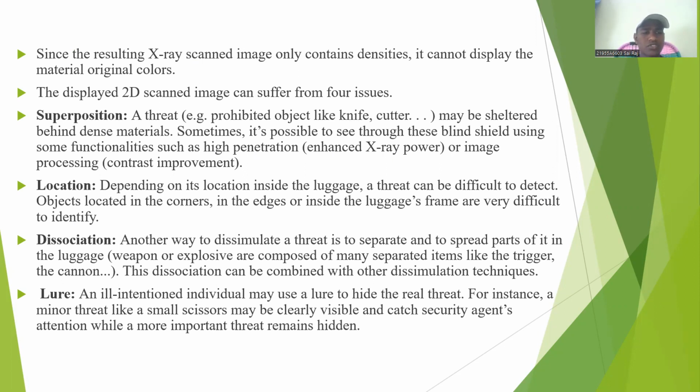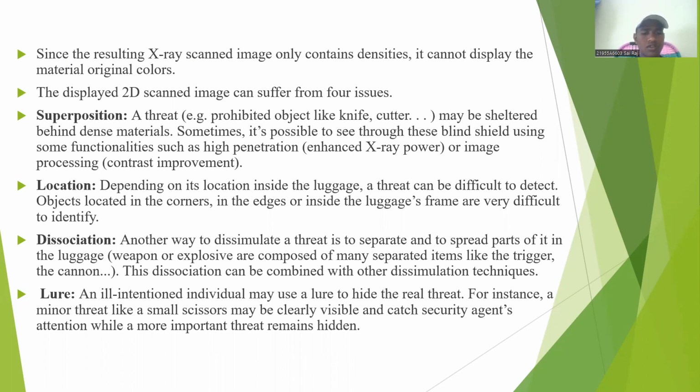That is the superposition. Location means if there are objects like a knife or cutters at the edges of the bag, they cannot be detected properly. This is another disadvantage of these 2D scan images. And disassociation: another way to dissimulate a threat is to separate and spread parts of it in the luggage.